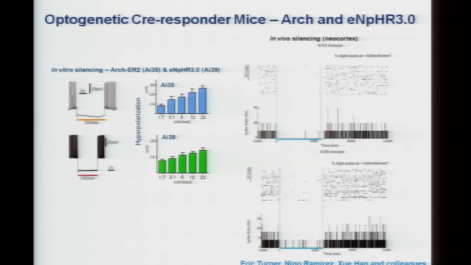The light can inhibit cortical pyramidal neuron activity instantaneously upon light on in both cases. The Arch mice have light sensitivity comparable to virally transduced Arch expression, whereas eNpHR requires somewhat higher light levels for efficient inhibition.